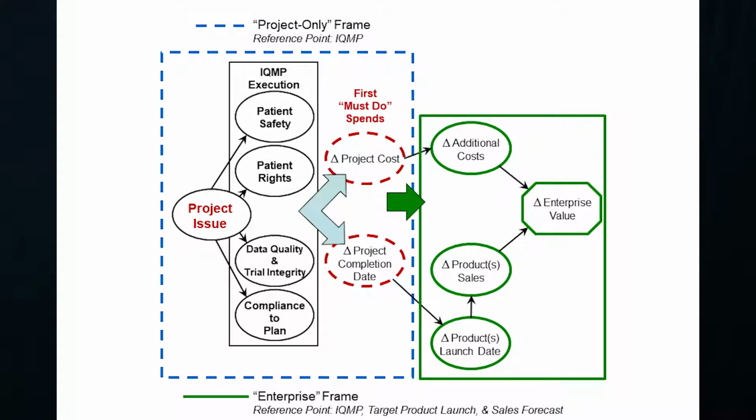And finally, project issues regarding quality outcomes may improve or reduce the probability of regulatory approval, which once again impacts enterprise value.